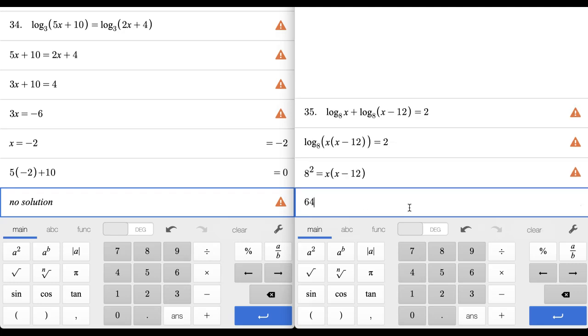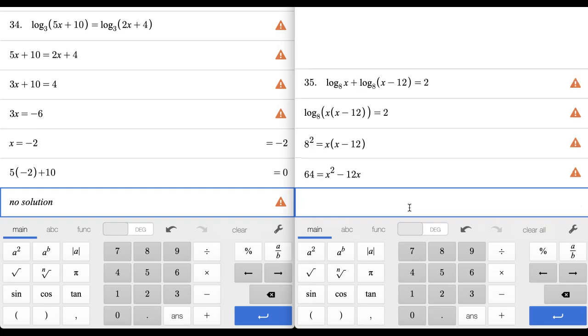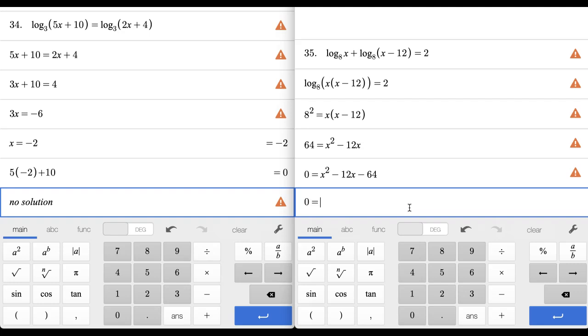And then we just simplify a bit. 64 equals x squared minus 12x. I'm going to subtract 64 on both sides. Get a chance to factor this guy, which we should be able to. All right. What is our winning combo? I think 16 and 4, right?